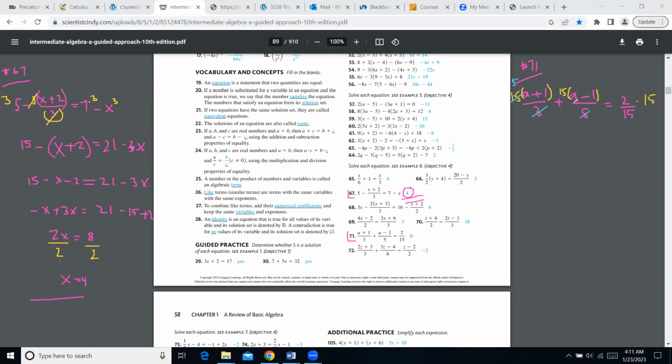Please notice that when I multiply the fraction by that common denominator, I need to put parentheses, just like in the previous example. So once you have those parentheses, the 5 here and then 3 will be distributed over my numerators. That's the way to go.